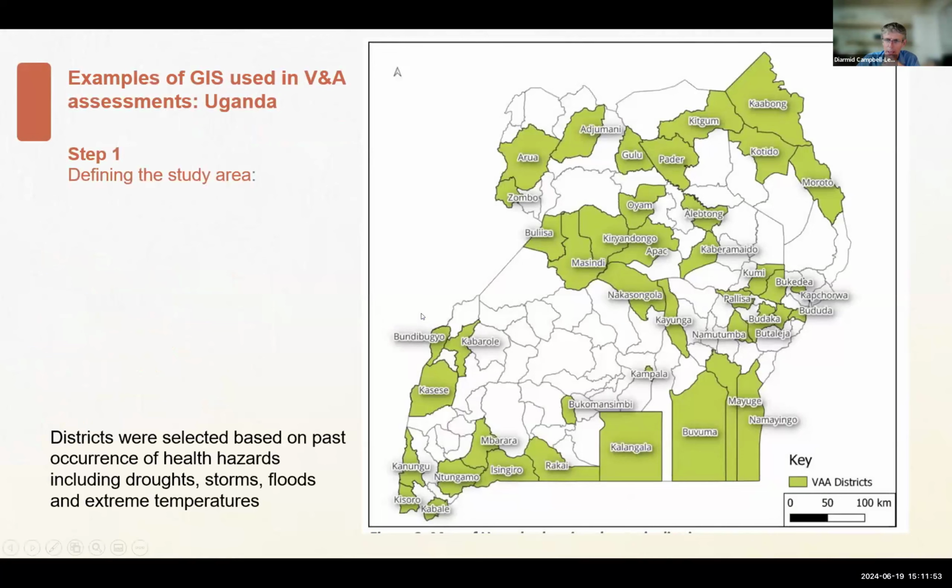This is quite a widely used technique in the early stages of the process. Another example is in the vulnerability and adaptation assessment from Uganda, where the districts for study were selected based on the past occurrence of health hazards, actually the physical hazards: drought, storms, floods, and extreme temperatures. So it's being used right from the earliest stages in the process.